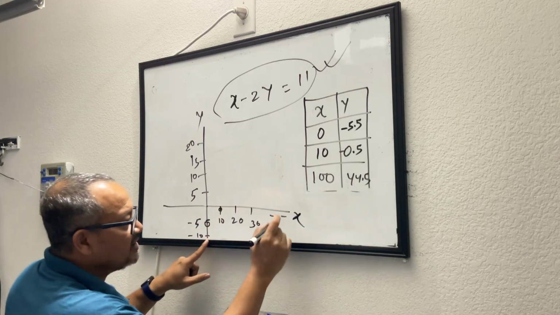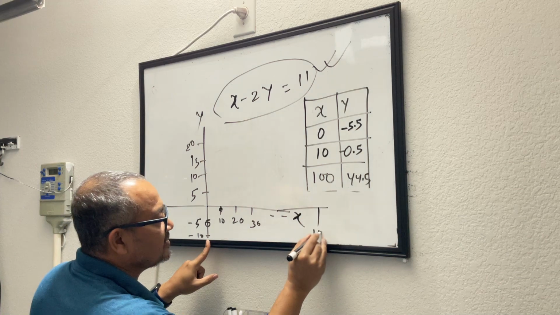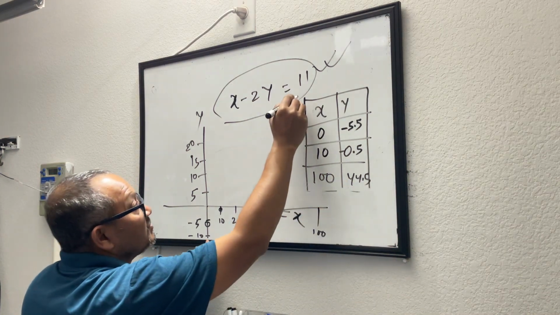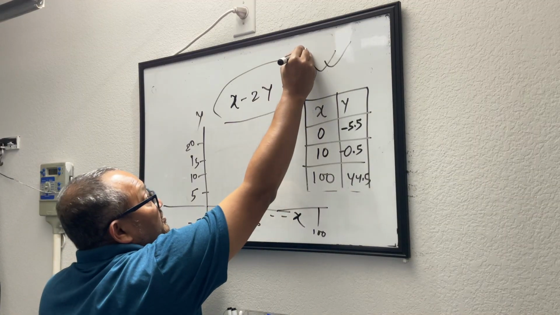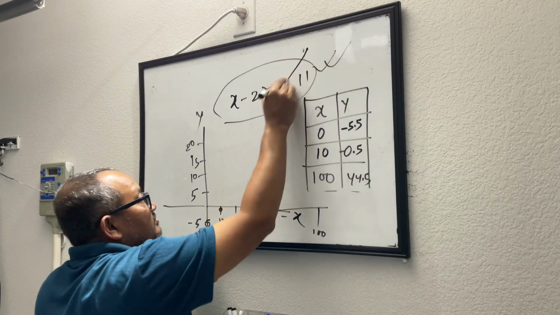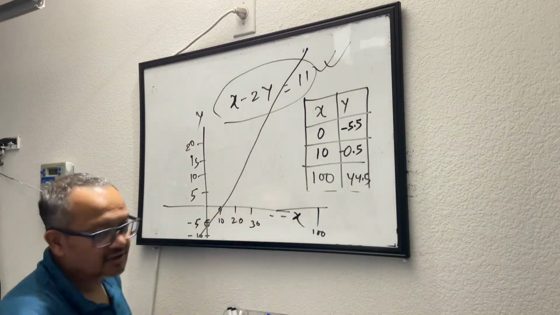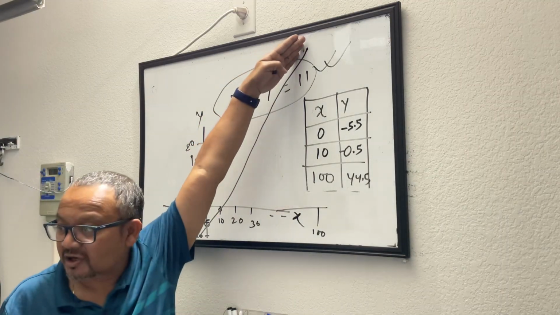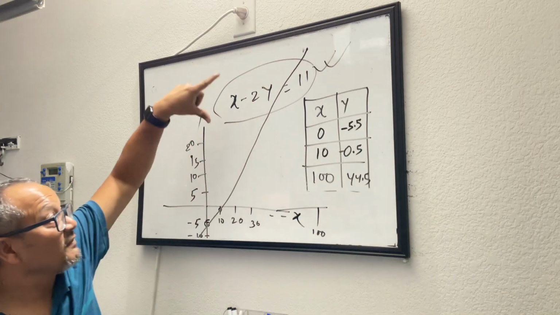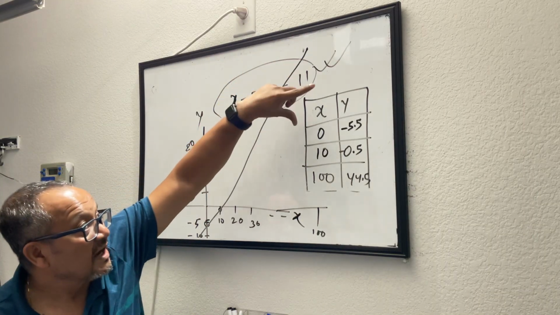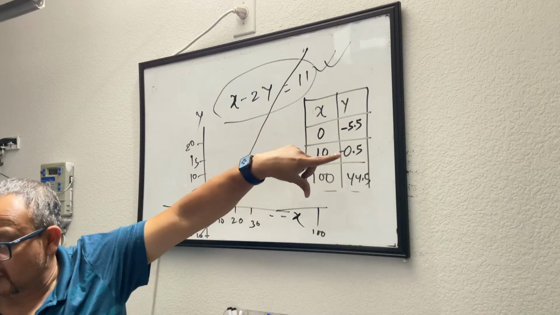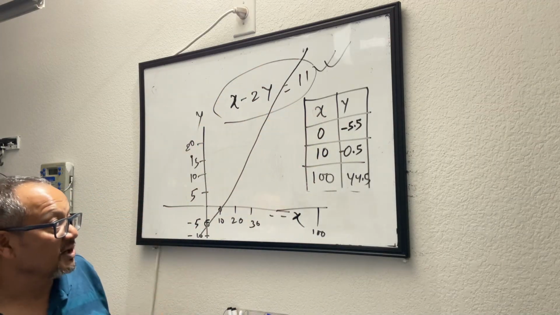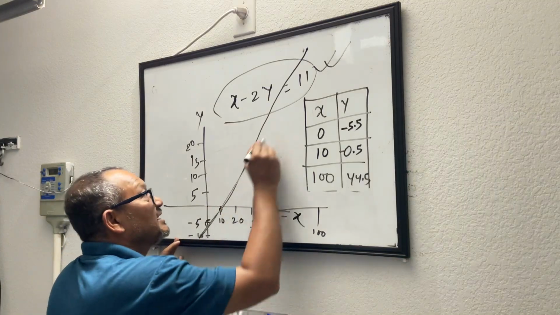When x is 100, y is 44.5. Go somewhere here. Obviously you're not going by my drawing skills. But when you do it on a graph paper, and you create this table of possible values, and then join these combinations on a coordinate plane, you will see that this creates a straight line.